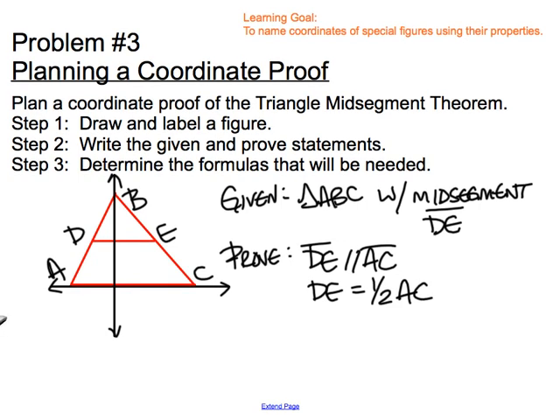If we go with the coordinates from the beginning of the lesson, that is negative 2a comma 0 for A, 0 comma 2b for B, and 2c comma 0 for C, we can begin to discuss the formulas that we need to set up this proof.